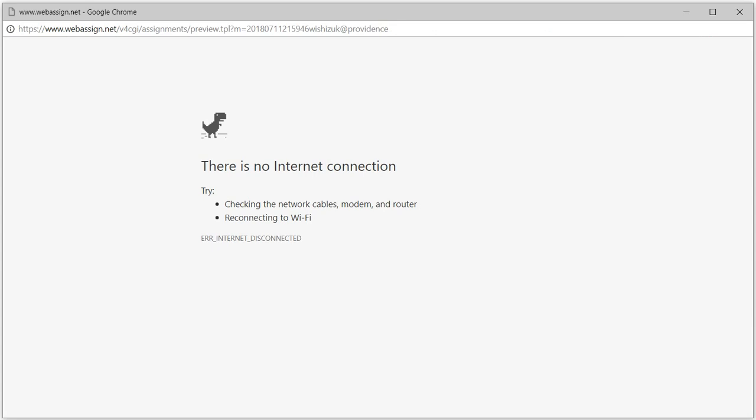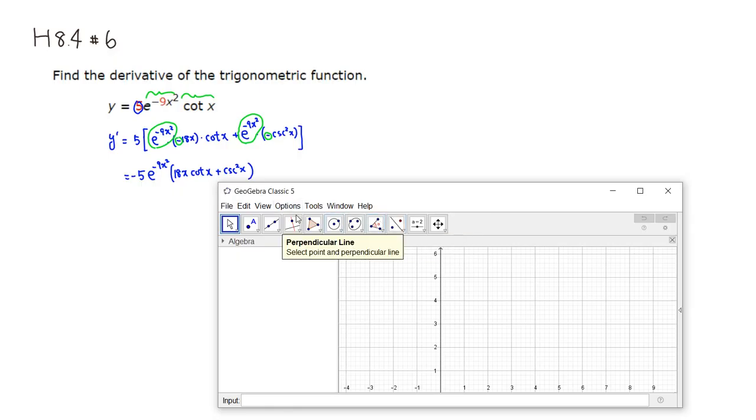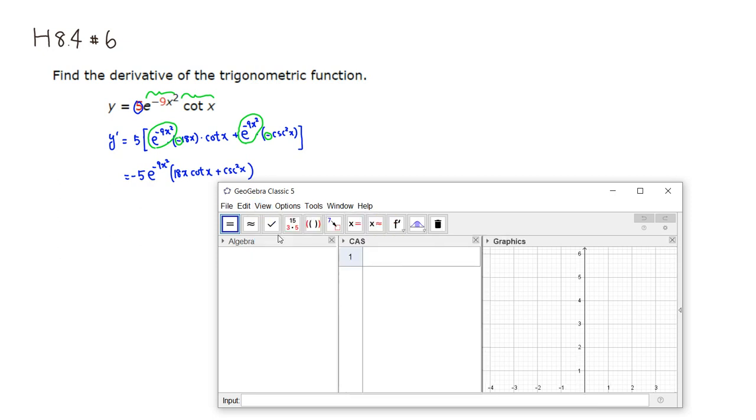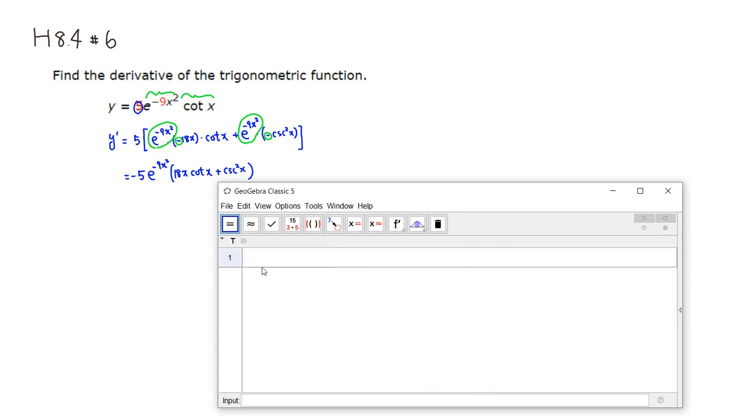Oh, shoot. I lost the internet connection again, but I'm going to check with the GeoGebra here. So sorry about the poor internet connection. So what I'm going to do is open up a computer algebra system window. I'm going to just close this, and I don't think we need that.